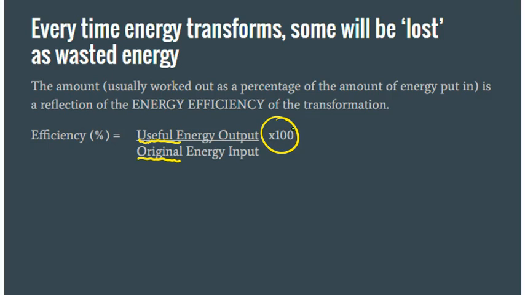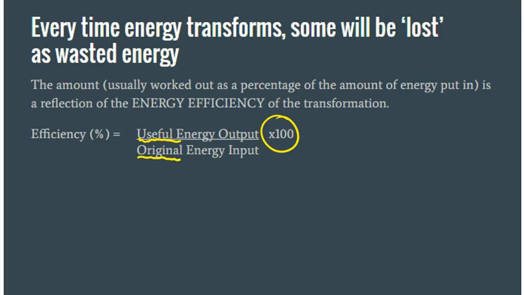So we're going to do a little calculation here which not only takes you through how to calculate gravitational potential energy of an object and the kinetic energy that it outputs, but we're also going to calculate how efficient that output is. So we're going to do an example now of calculating energy efficiency when we know how much energy input and energy output we have.